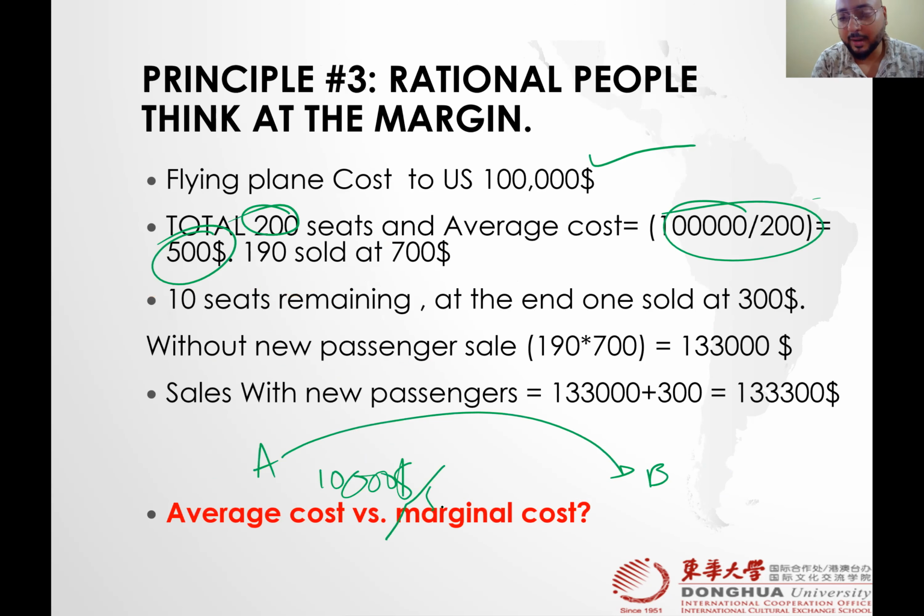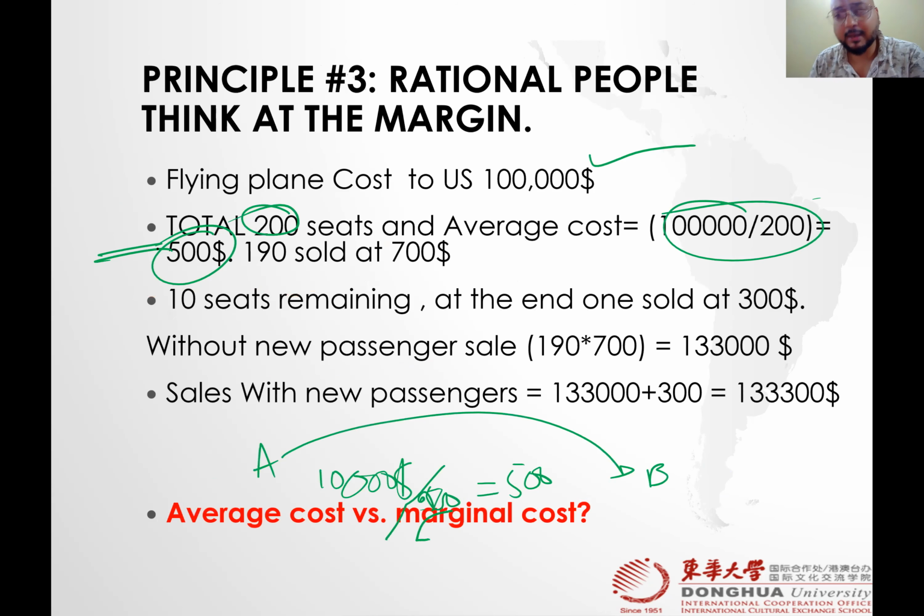Divided by 200, the answer would be 500. So your average cost of one passenger, if one passenger occupies one seat, at least the average cost, meaning no profit, no loss, would be $500.